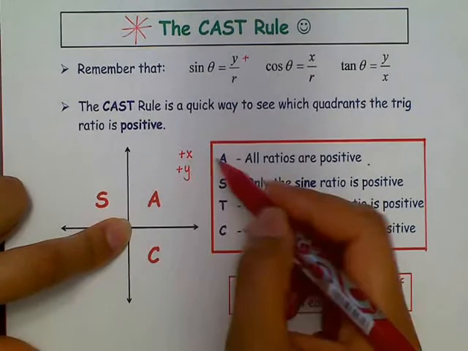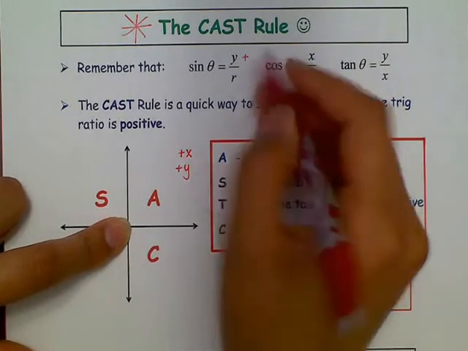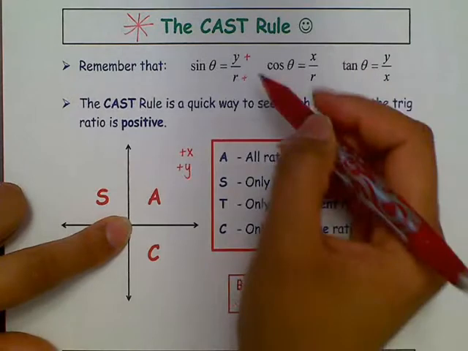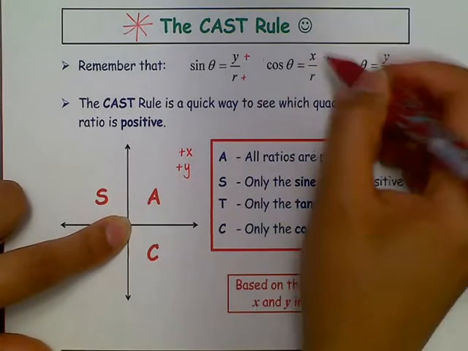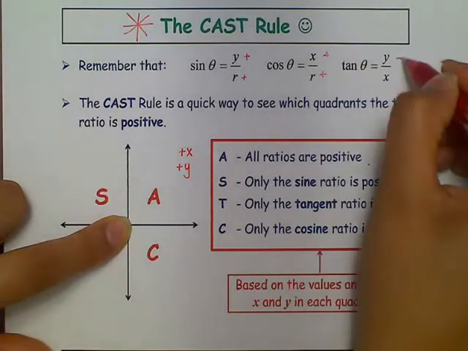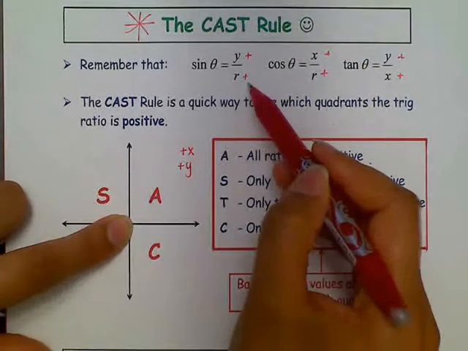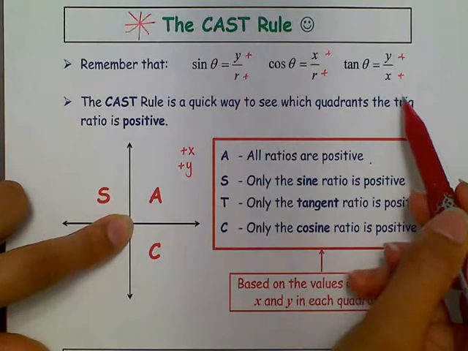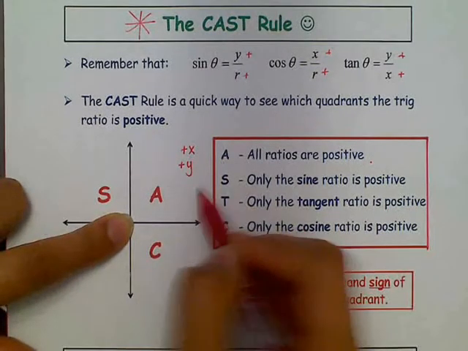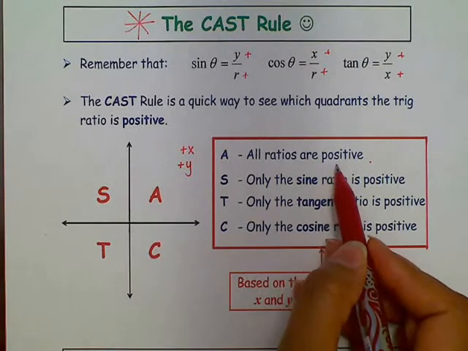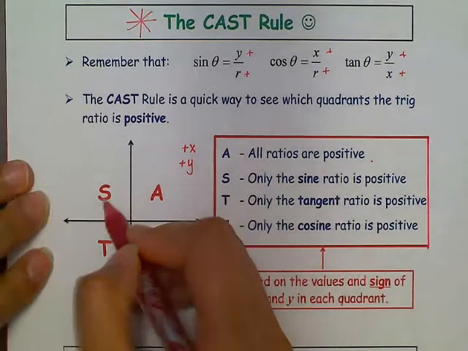Only X and Y might change. So if I plug in positive numbers for X, Y, and R, I get positive over positive each time. When I divide two positive numbers, I get a positive ratio as a result. So A represents that all of the ratios are going to be positive.